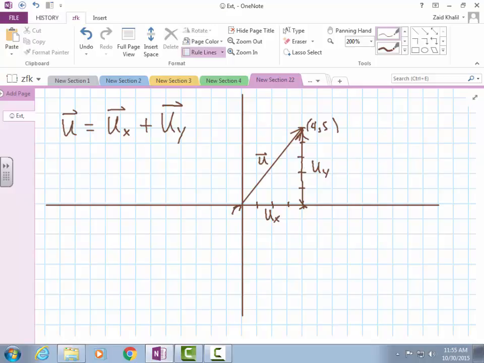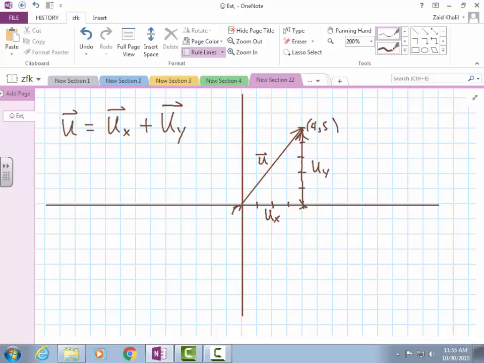Yes or no? Can I describe all of 2D space using just those two vectors, or combinations of them? And the answer is yes. But it's not convenient. What's convenient? When you have two vectors that are perpendicular. That's convenient. Why is that convenient? We'll see why shortly. So, it's called an orthogonal basis.